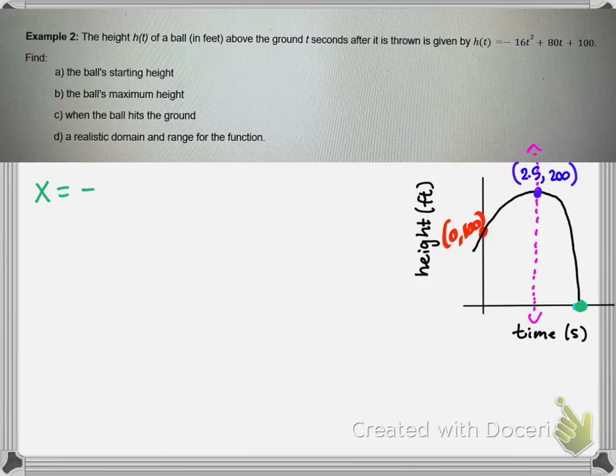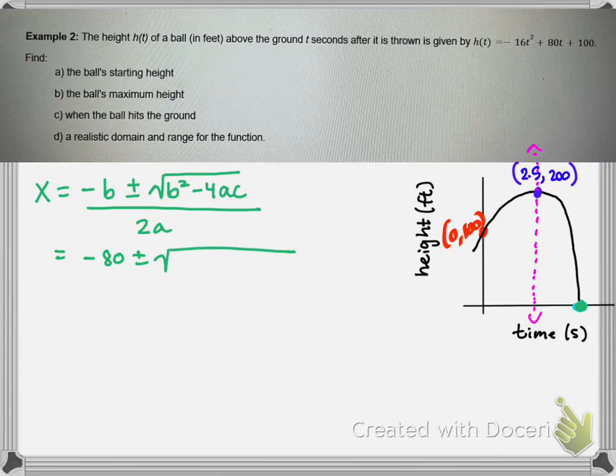So remember, I'm using the formula x is equal to negative b plus or minus the square root of b squared minus 4ac, all over 2a. When I plug in all my info, I got negative 80 plus or minus the square root of 80 squared minus 4 times negative 16 times 100, all divided by 2 times negative 16.